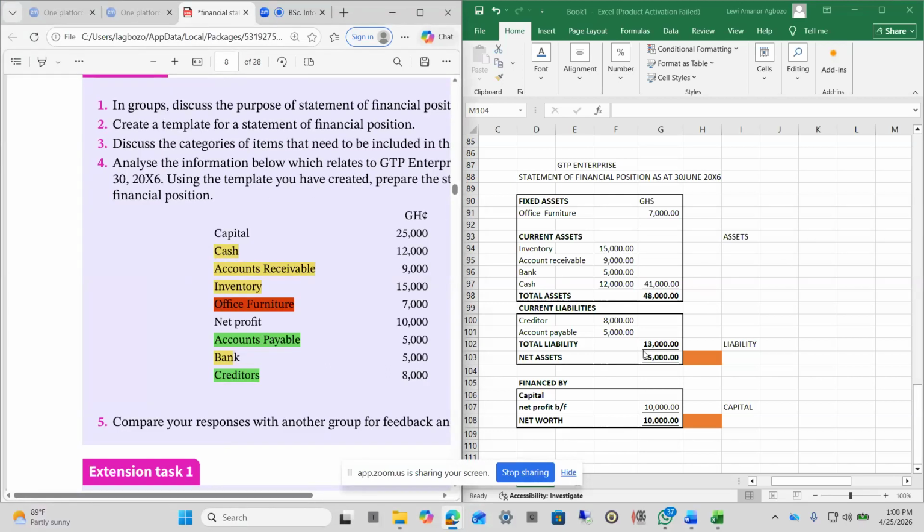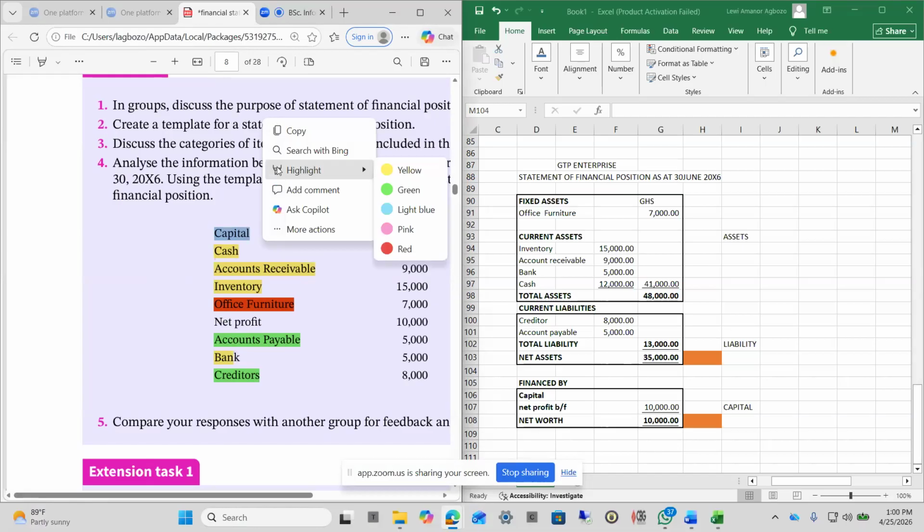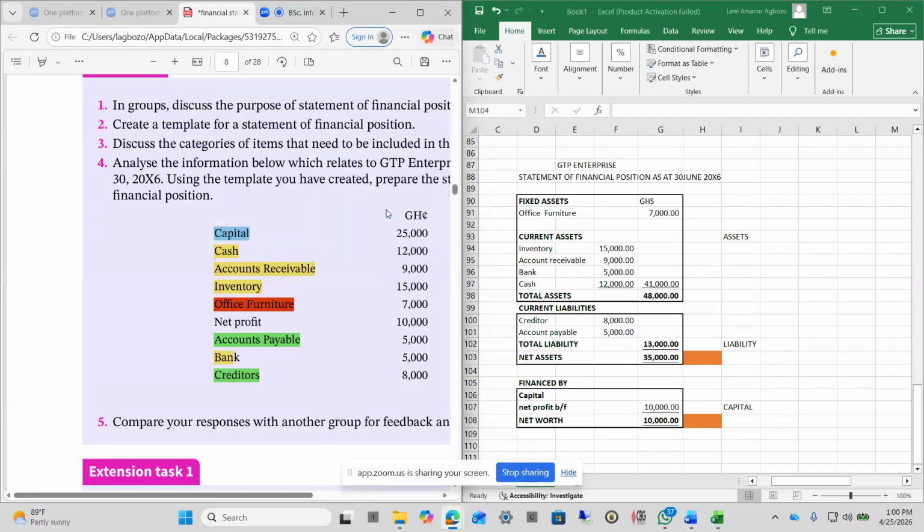Now, assuming this capital was not given to us, when we come here, we can deduce that the total we were supposed to get here should be equal to this plus this.